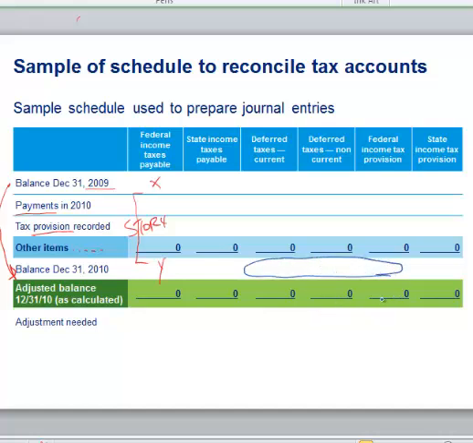This is the balance per your GL, but this is the balance you want to have, this is the as calculated balance, the difference between those two is going to be an AJE, adjusting journal entry. So if your payable is 100 on the GL and you want it to be 80, you got to book a 20 adjustment to fix it. In theory, the other side of that entry should be something that is either provision or deferred, right? It all should balance. And this AJE's got to balance within the tax accounts.